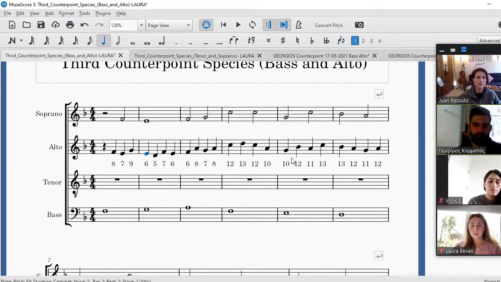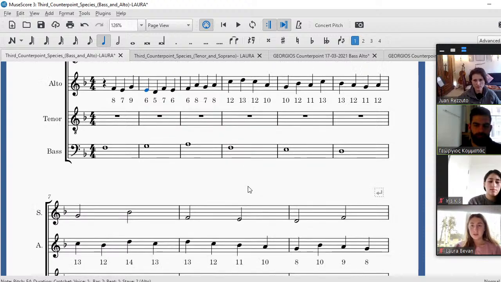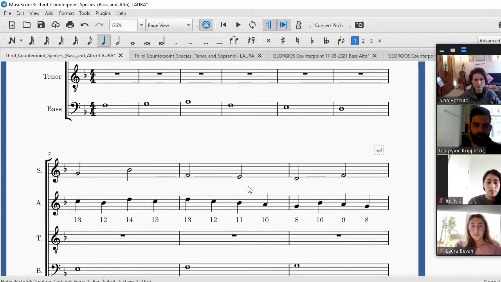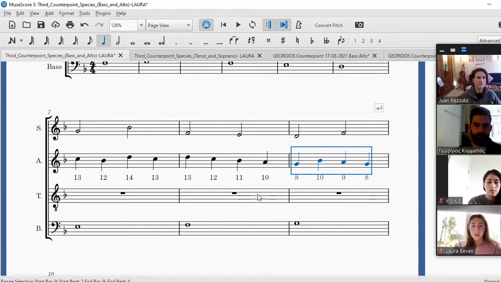Another case, let me see if I can find it. This is a prolongation of the note. This is closed. You wouldn't have prolongation here because it's just linear. Yeah, that's the case.